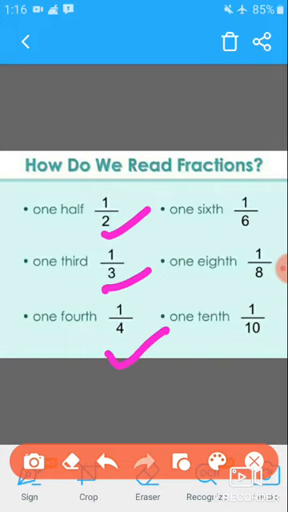For 1/4, 1 upon 4. For 1/6, 1 upon 6. For 1/8, 1 upon 8. And for 1/10, you can write it as 1 upon 10. So did you get it?